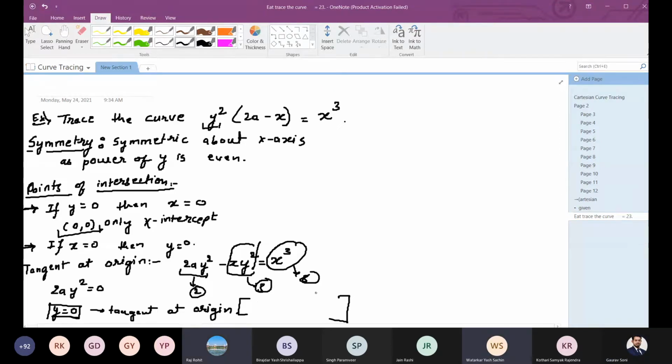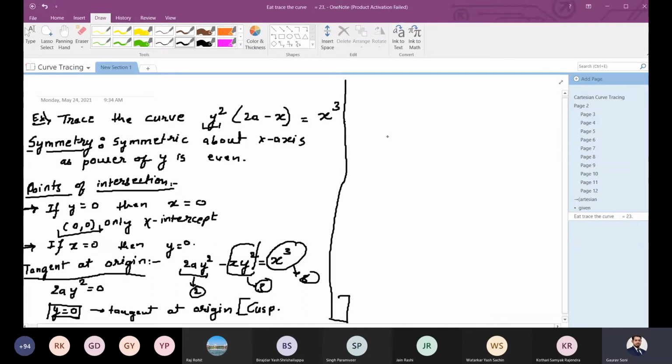Here, two tangents, both are the same, so this is a cusp. Now the last second point is asymptote.